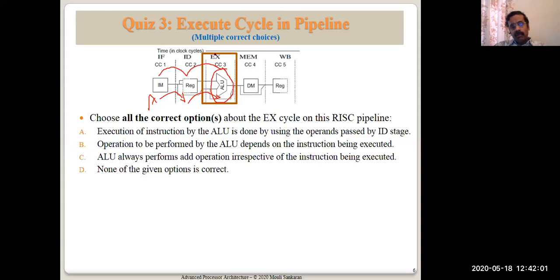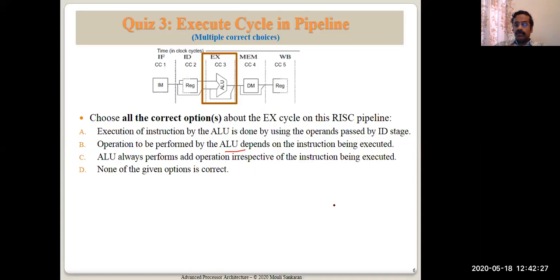Remember, I am talking about this current cycle: an add instruction which is here is influencing the add operation on the ALU. If it was a subtract instruction, it will make the ALU perform the subtract operation. So the current instruction which is in this stage is influencing the operation to be performed by the ALU. So I hope it is clear.